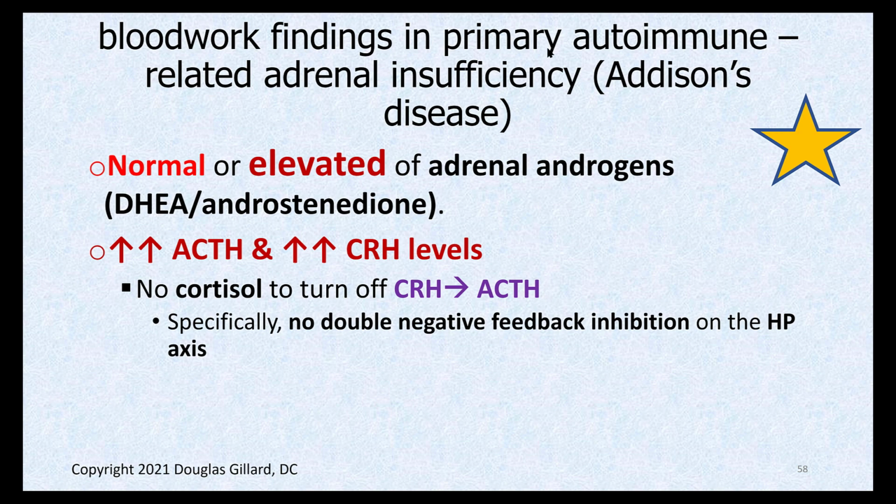So in primary autoimmune related adrenal insufficiency, they're going to have normal or elevated levels of the adrenal androgens, and then they'll have increased ACTH. Why would they have increased ACTH? There's no negative feedback, right? There's nothing to shut off either of these, so these levels are going to be off the chart.